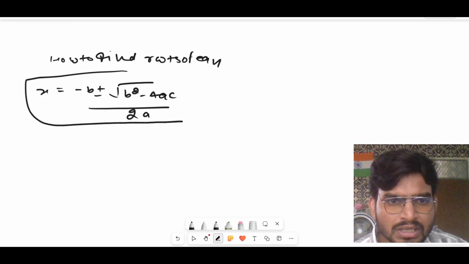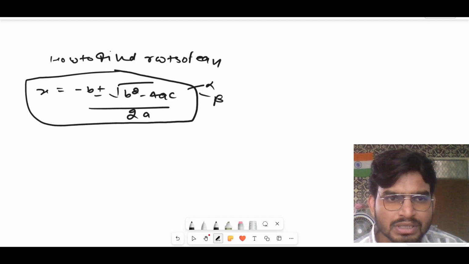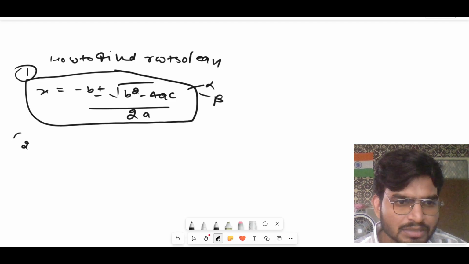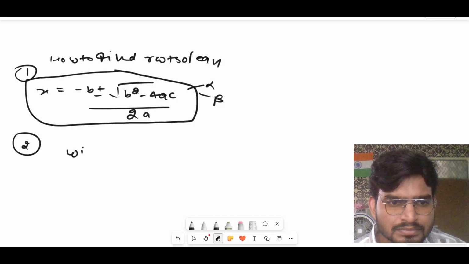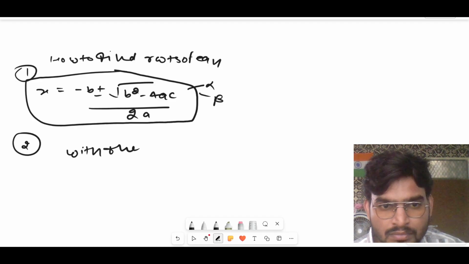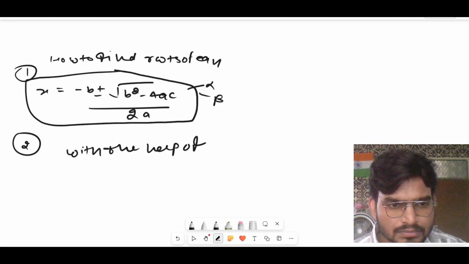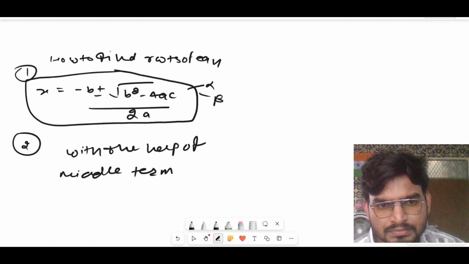From this formula we can get the values of alpha and beta, the roots of the equation. And the second method is with the help of the middle term split.